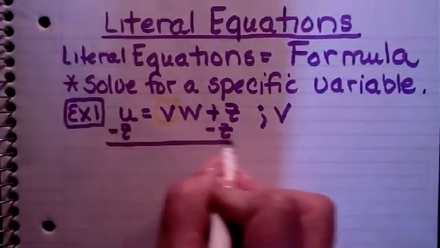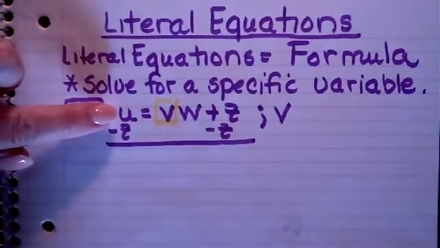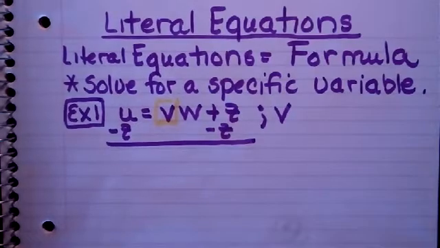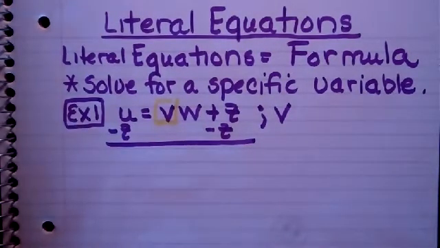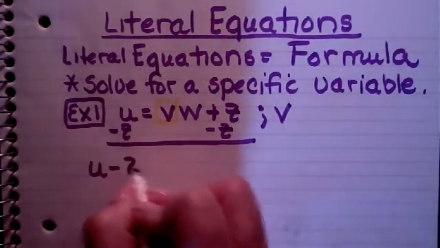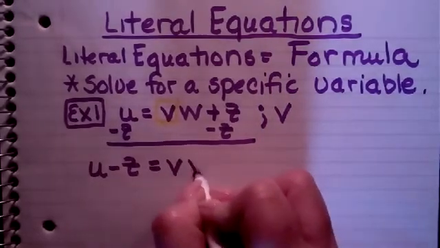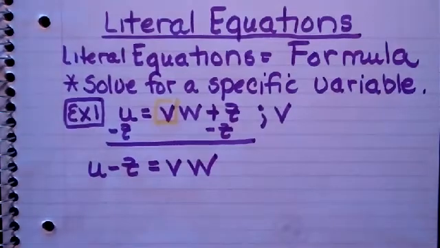Now, with the U minus Z, I really can't combine those because they are not like terms. So I'm going to rewrite this horizontally, and I'm going to have U minus Z equal to VW, because we know those Z's are going to cancel each other out.